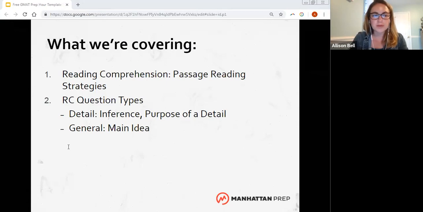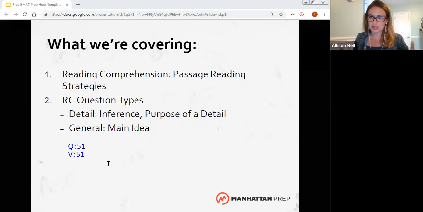There's a couple of big things that I want to point out. The first is the maximum score that you can get on either section of the GMAT is a 51. A 51 in quant, 51 in verbal is the highest possible score. One thing that makes many students think I don't need to study verbal, I need to study quant, is the percentile scores that the GMAT gives you.